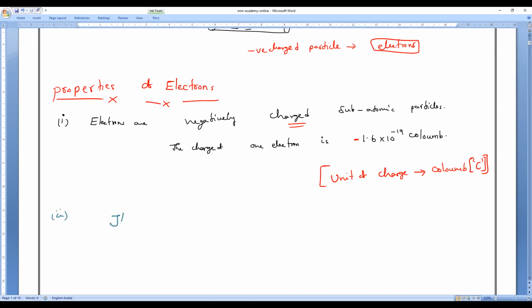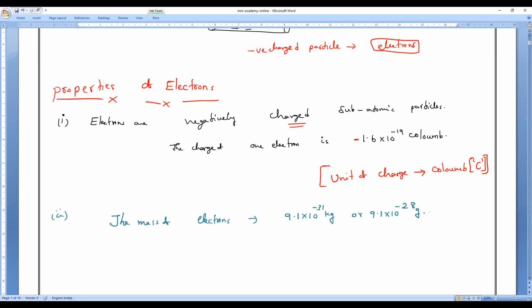Next, the mass of one electron, if you consider it, is approximately 9.1 into 10 power minus 31 kilogram or 9.1 into 10 power minus 28 grams.